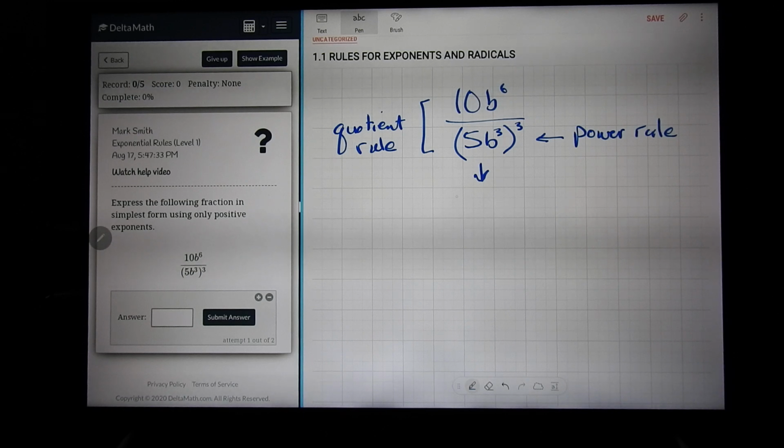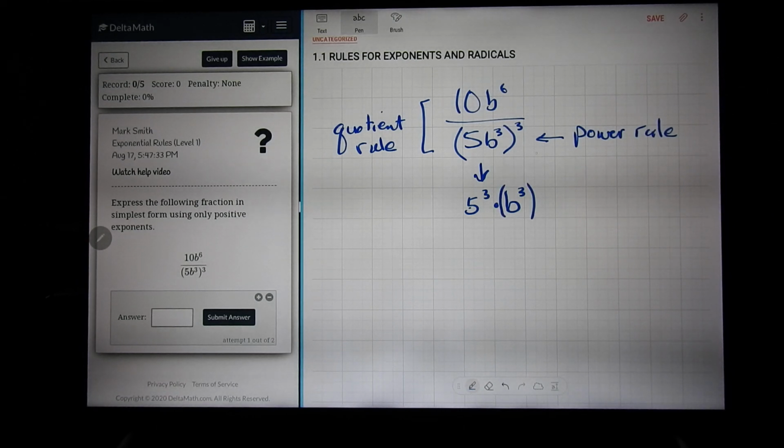But the first thing we have to do is remember that this is going to be 5 to the 3rd power and b to the 3rd power. So we can't ignore that 5. If we just put that 5 down there, that wouldn't work.